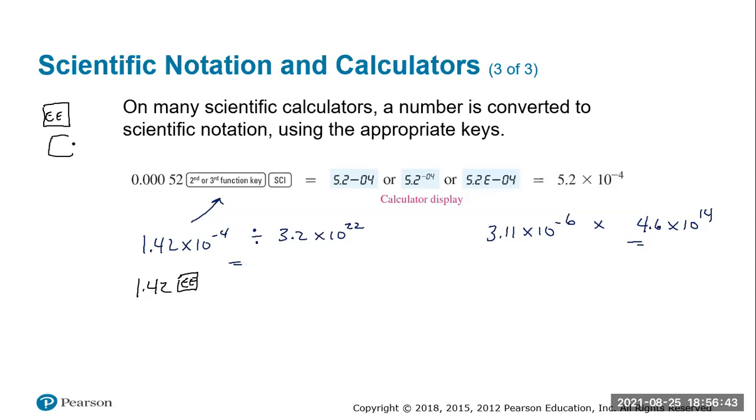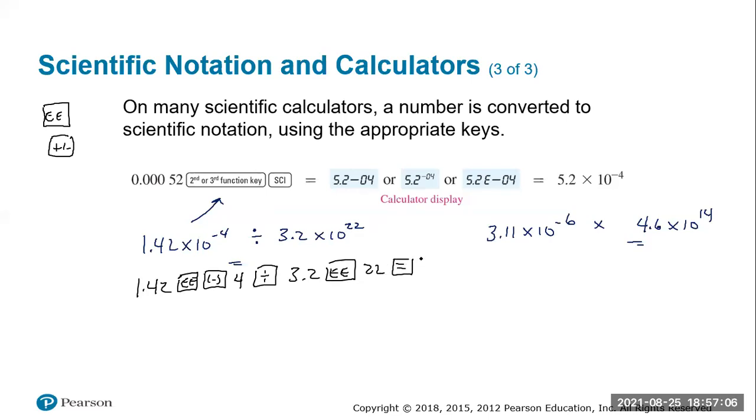Make sure you use your negative button there, whichever button you have, and then put 4. I then would hit the divide button and type in 3.2, exponent button, and this is a positive exponent, so I just need to hit 22 and an equal.